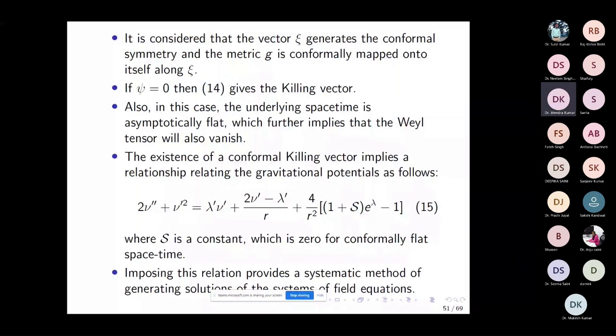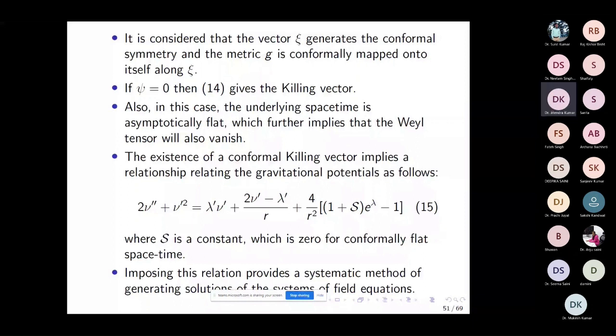The existence of conformal Killing vectors implies a relationship relating the gravitational potentials as follows. That is, we have this relation between nu and lambda. Here S is a constant, which is 0 for conformal. If S is 0, then we can say that it is a conformally flat space-time.